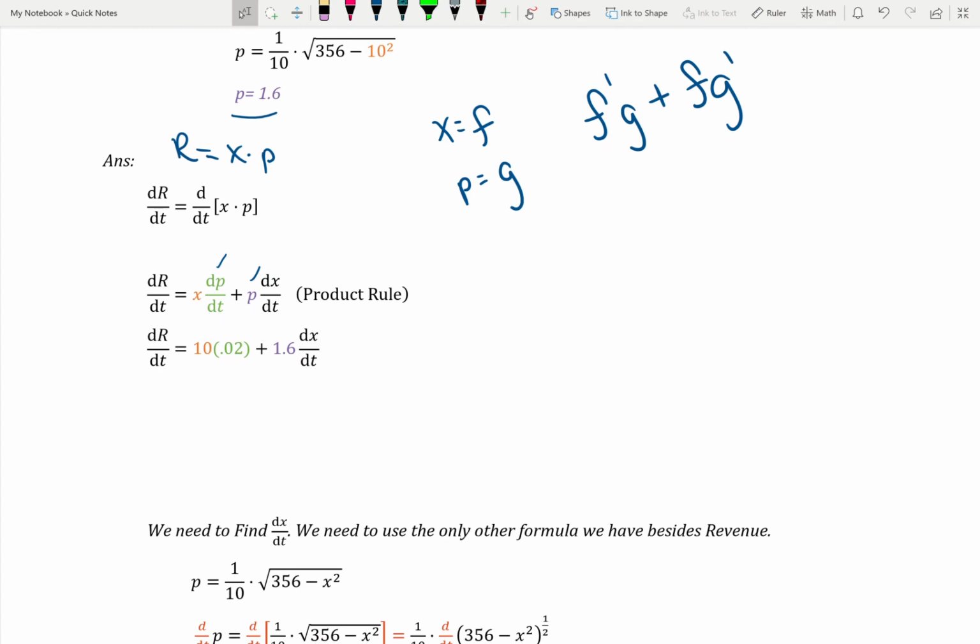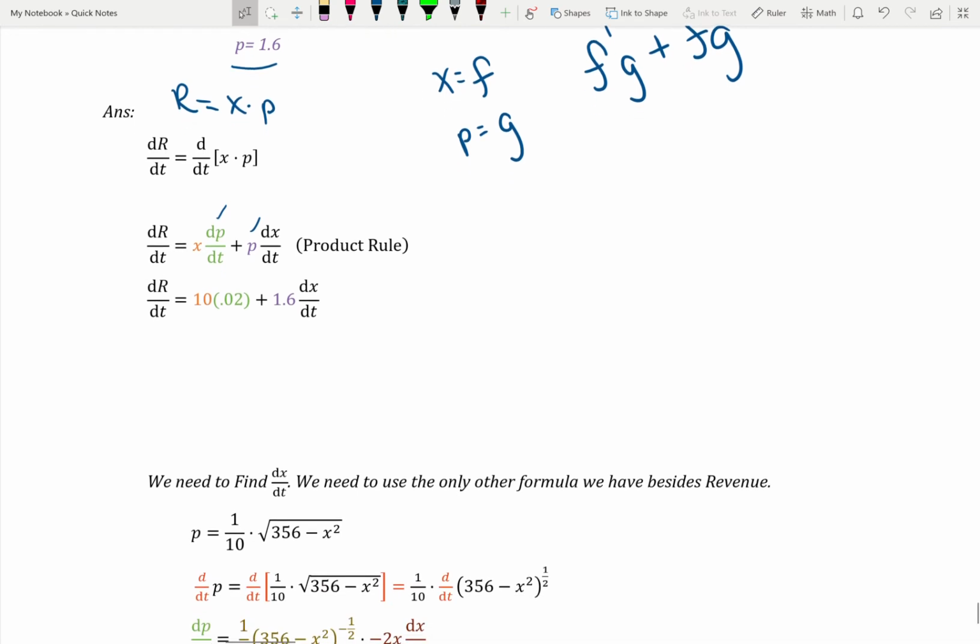Because I know what the rate of change for the price is, I can take the derivative of both sides and I'll know what the left-hand side equals. Now this turns into kind of a hot mess, right? Well, not too bad, honestly. The right-hand side, when I take the derivative of it, remember you can always pull out a constant in front of the derivative, so you don't have to worry about that.